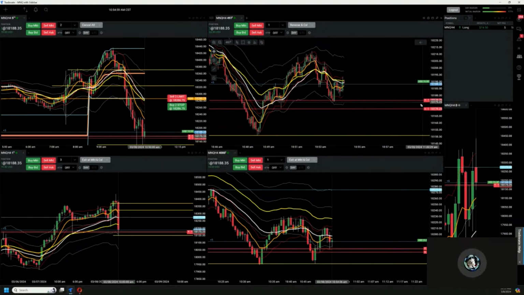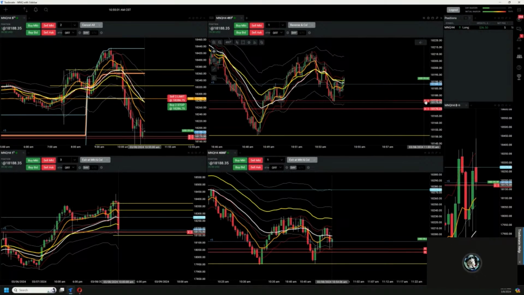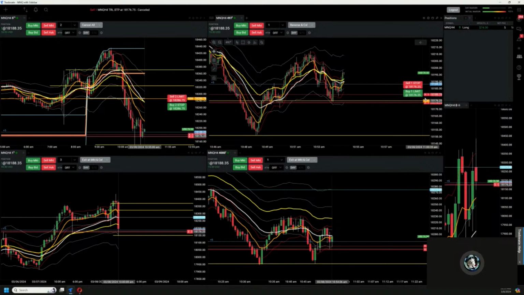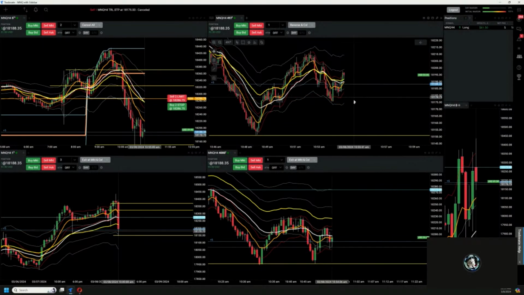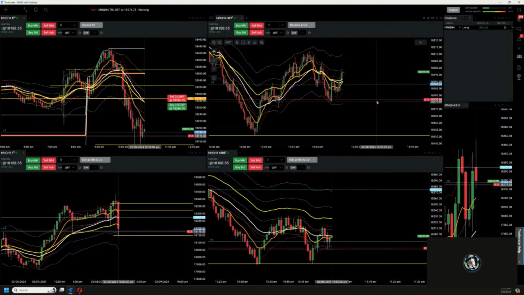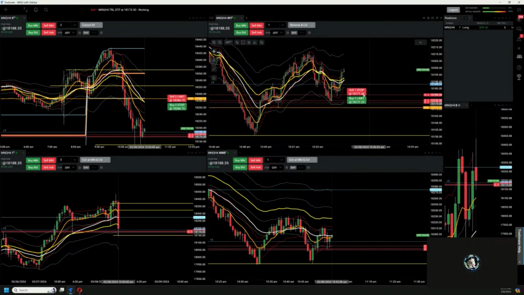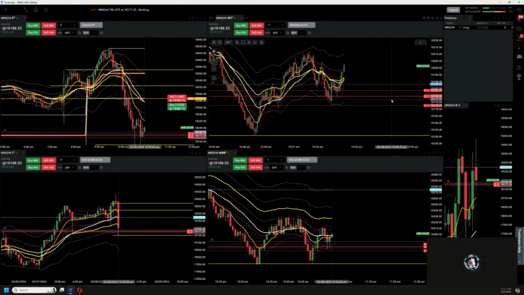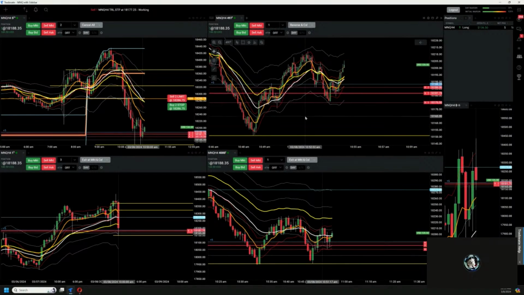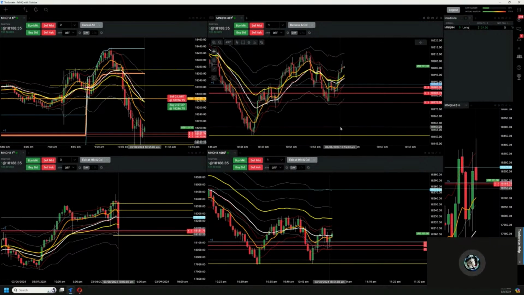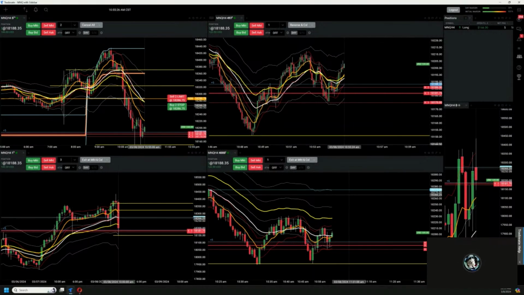Now I think we're going to see follow through possibly to the upside on this candle close. In 5 lots long, up 140. All my stops are below my entry though.